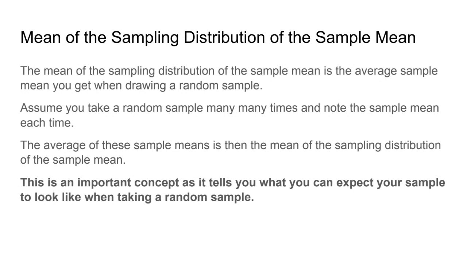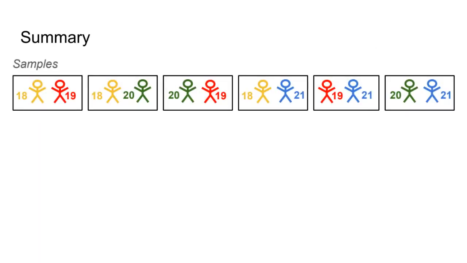Okay, so this concept, the mean of the sampling distribution of the sample mean, is quite a mouthful. You probably still struggle a little bit to understand it. So I will walk you through it in a more colorful way, a little bit slower. Here you have all the possible samples that we could draw from our small population.